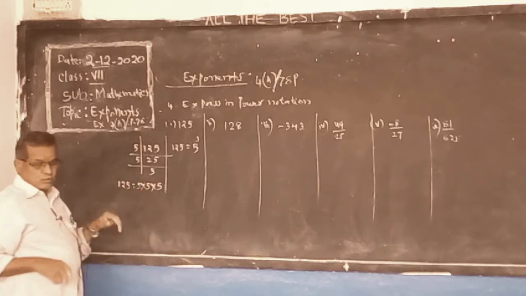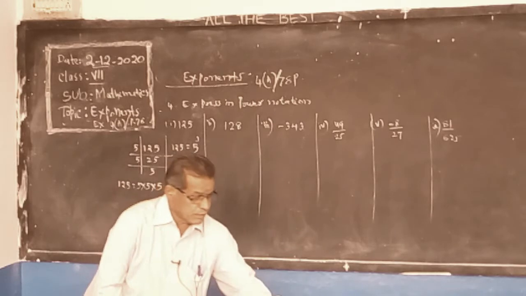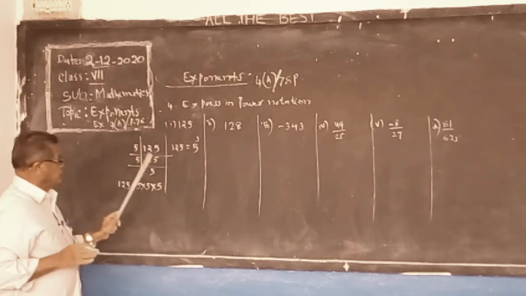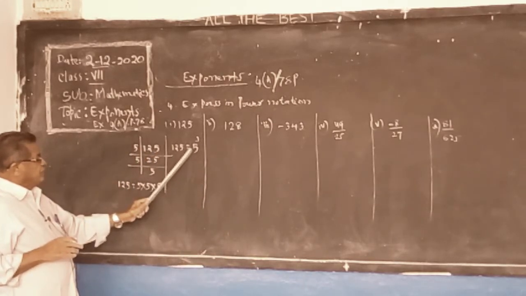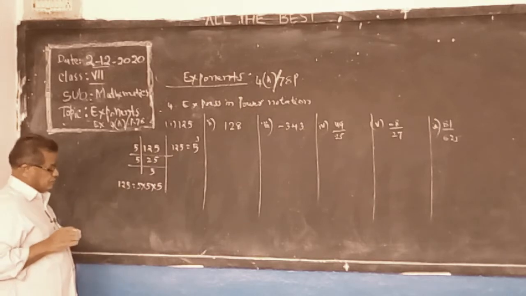We can write this in power notation as 5 cube. 5 cube is the answer for 125.